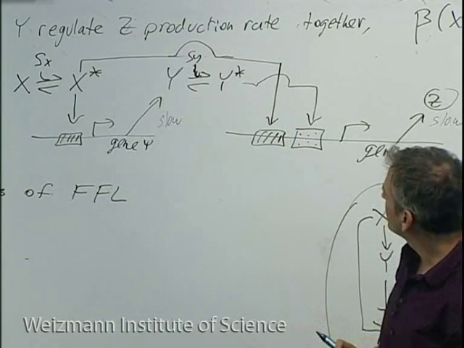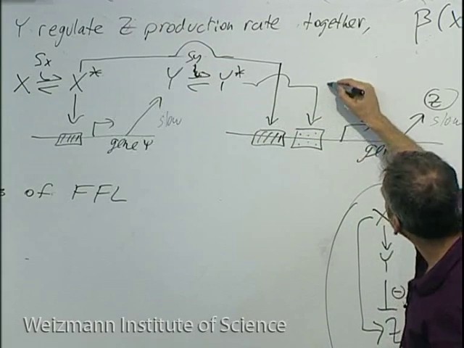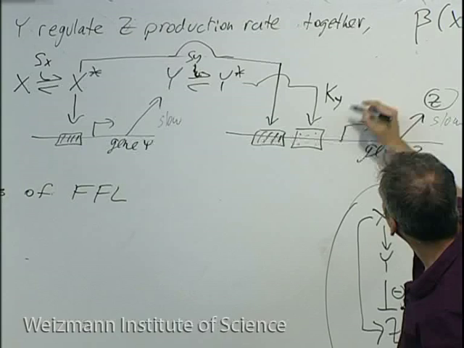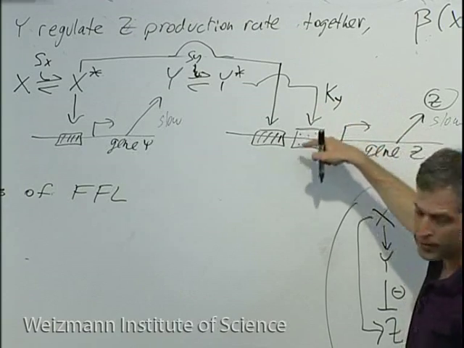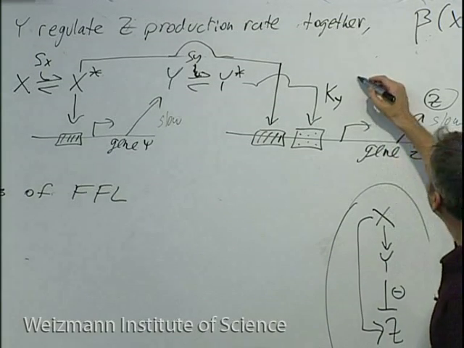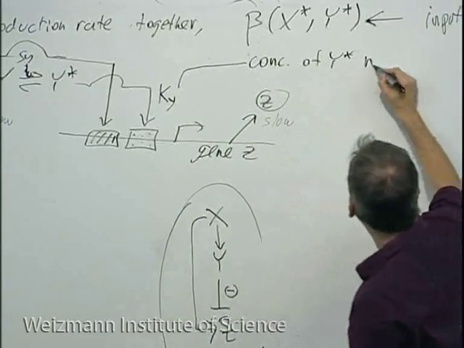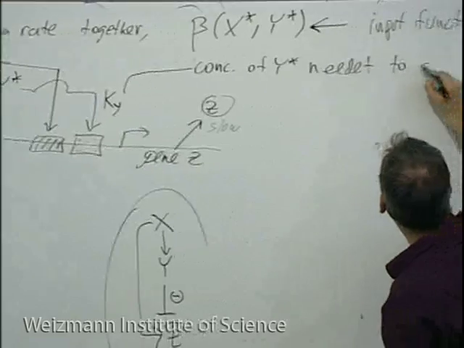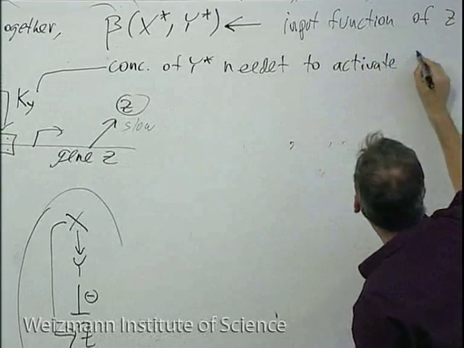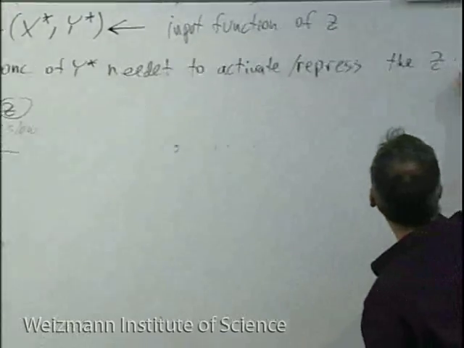Some other molecular details that are important for us is that this transcription factor Y has a certain threshold for binding to the site. So this is the concentration of Y star needed to actually activate or repress that gene. Ky is the concentration of Y star needed to activate or repress whatever Z promoter.